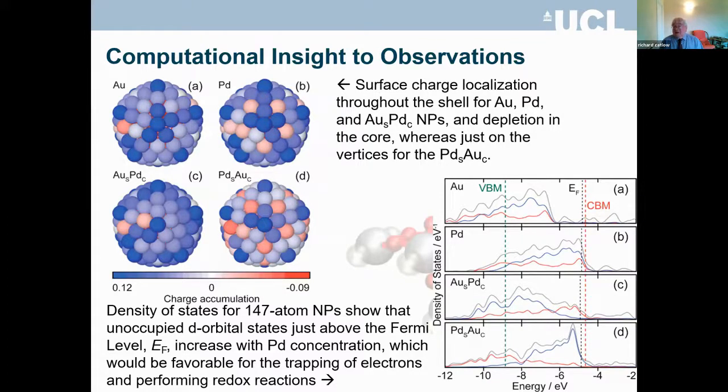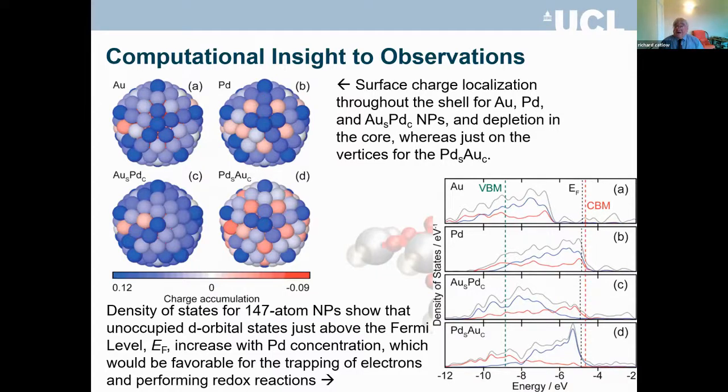There is a key region in the density of states plot that is between the conduction band minimum on the TiO2, that's the red dotted line, and the Fermi level on the nanoparticle, that's the black dotted line. And what you want is there to be appreciable density of states in that region so that they can accept the electrons from the conduction band.